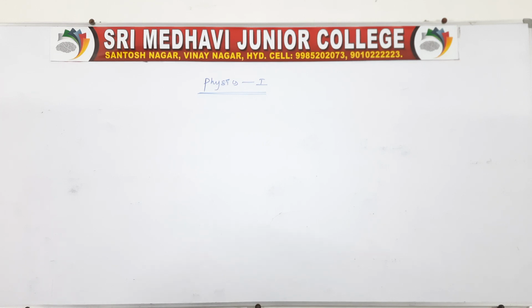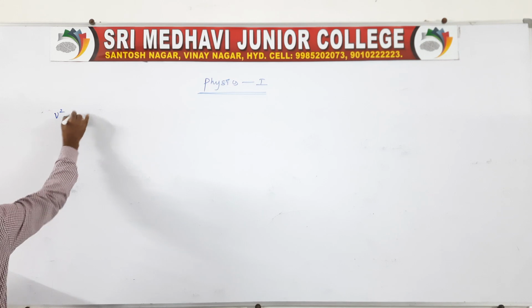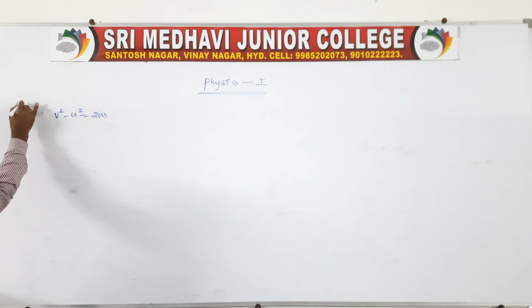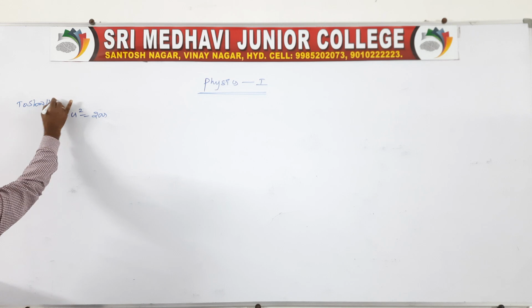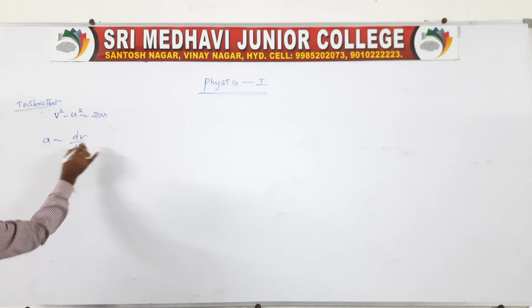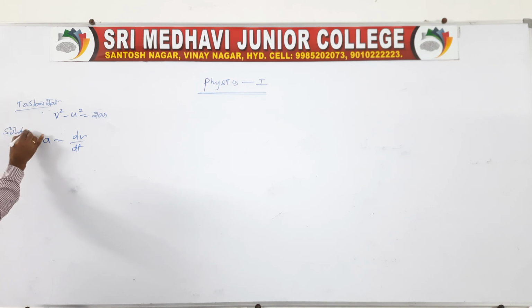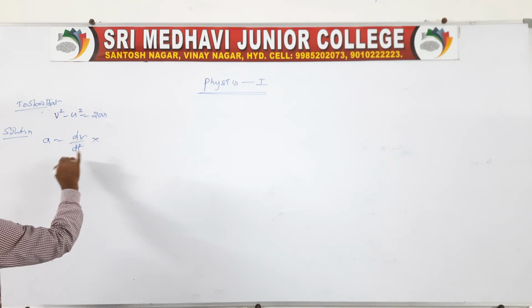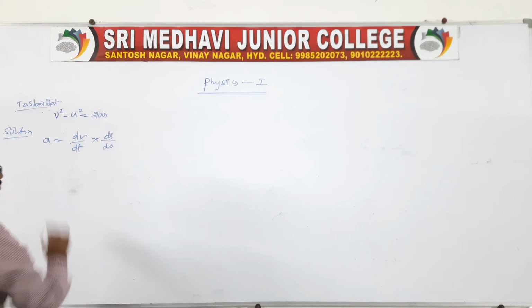We know the instantaneous acceleration, and based on that I'll tell you this other equation, that is, to show that v square minus u square is equal to 2as. We know the instantaneous acceleration a is equal to dv by dt. The solution will be like this. This is actually not required, but I'll give you the derivation also. So here you rationalize with ds by ds.